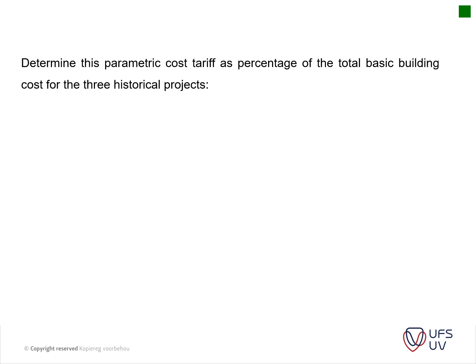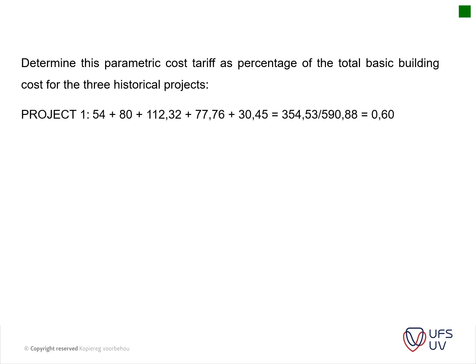So you take your three historical buildings, you take the items that were shown in table 2, and you take out each project's rate of your historical data, and you calculate what percentage these items contribute to your total basic building cost.